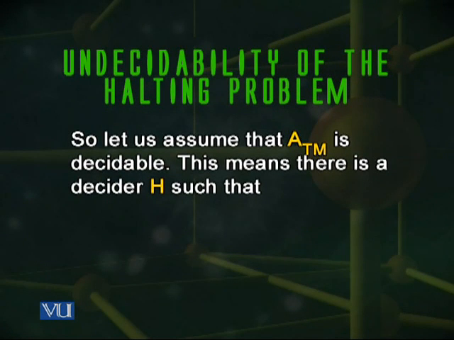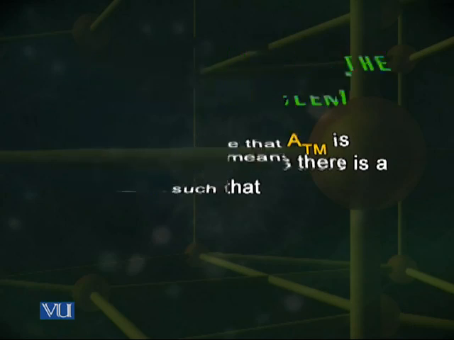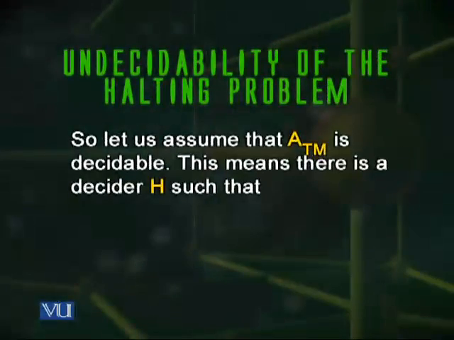So we will use proof by contradiction. We want to prove that ATM is undecidable, so the negation of that statement is that ATM is decidable. What does that mean? That means we will have a Turing machine, let's call this H, for this hypothetical Turing machine, which decides ATM.